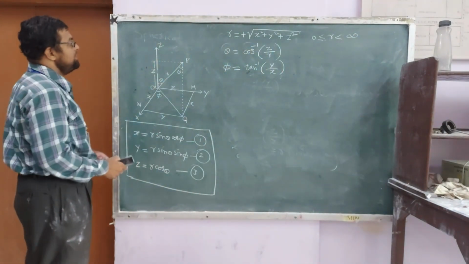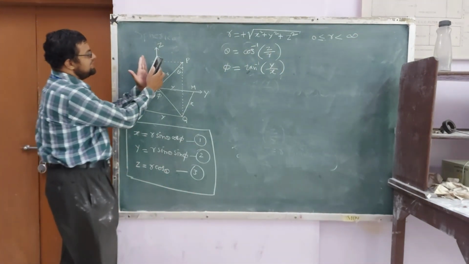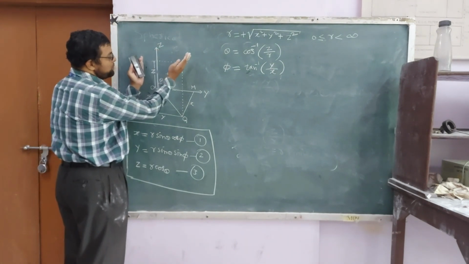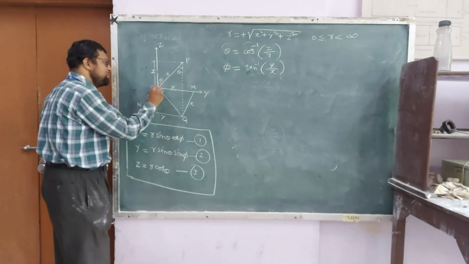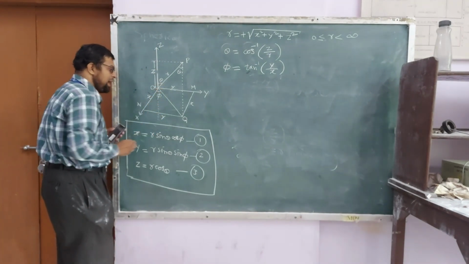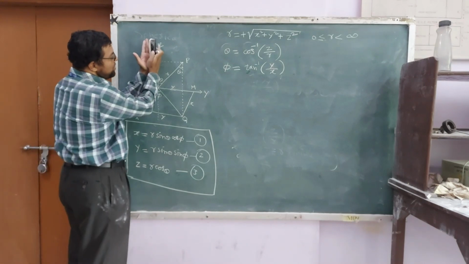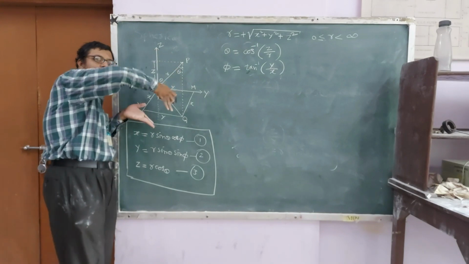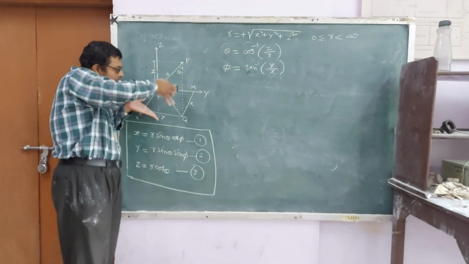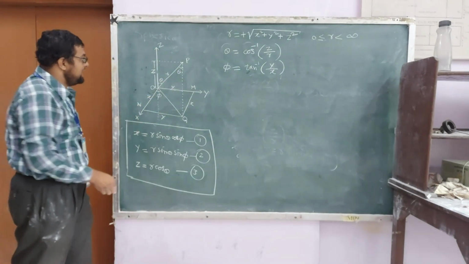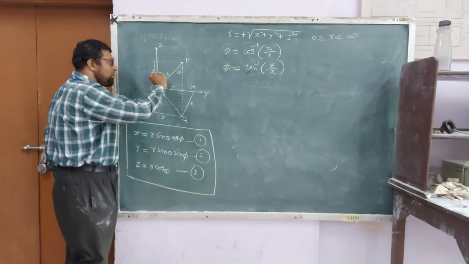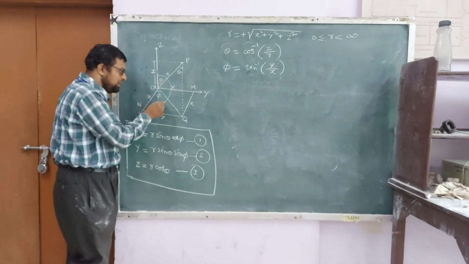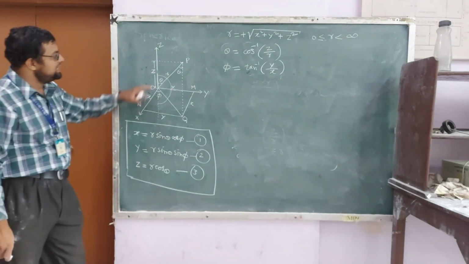The second thing is theta. We have seen this theta is the angle subtended with the z axis by the point P. If we consider the negative z axis too, this cone can become flat and can go on the other side also, up to the negative side. So there is a limit.